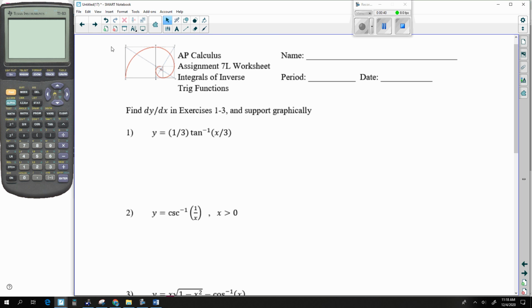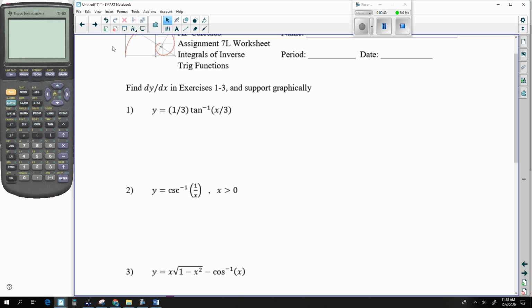Okay, so let's go ahead and get started. We are to be taking a derivative of this. Let's remind ourselves what the derivative of an inverse tangent is. That one is easy.